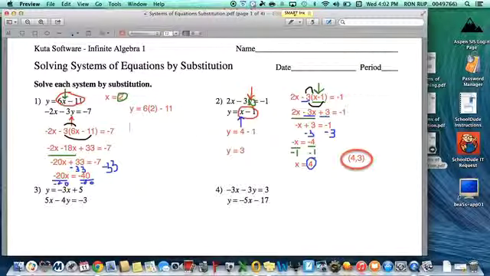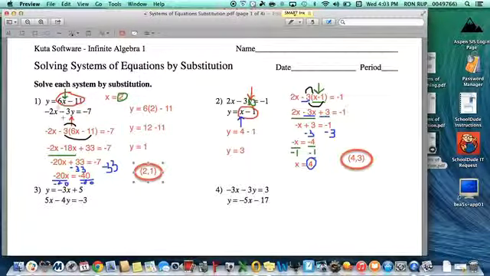And so y equals 6 times 2 minus 11. I just replaced that x with 2. So now y equals 6 times 2 is 12. And that becomes real easy. Y must equal 1. And so again, when you have your x and your y, you can write that as an ordered pair. And so 2, 1 would be the solution.